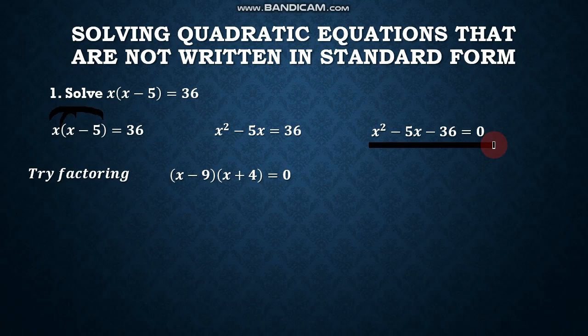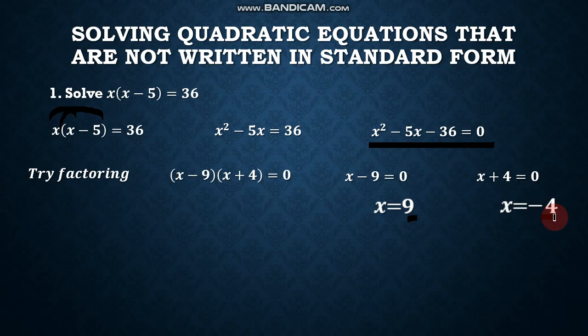Then apply the zero product property. We have x minus 9 equals 0 and x plus 4 equals 0. So the final answer, the roots of x squared minus 5x minus 36 equals 0, are 9 and negative 4.